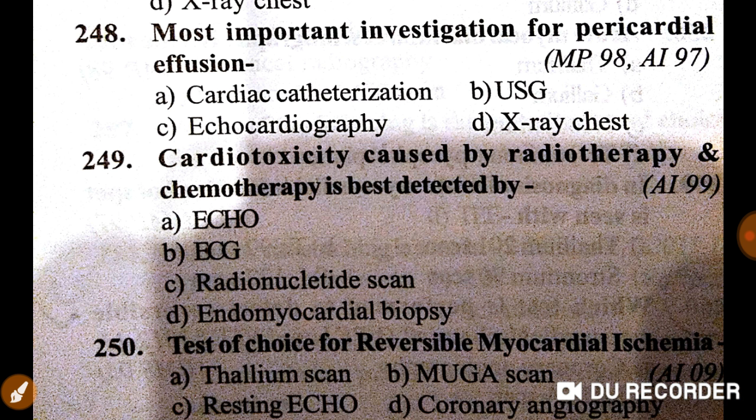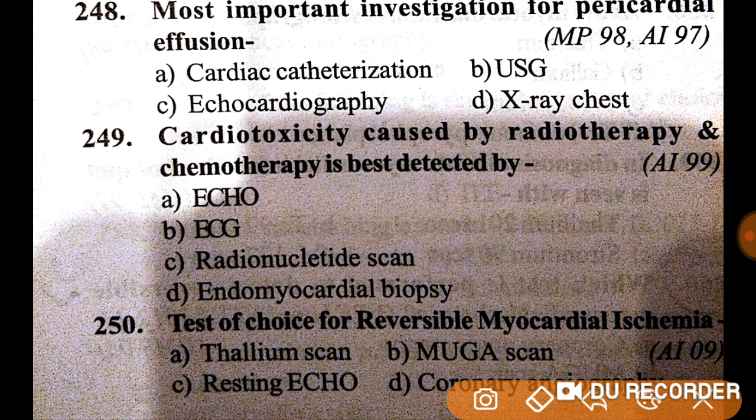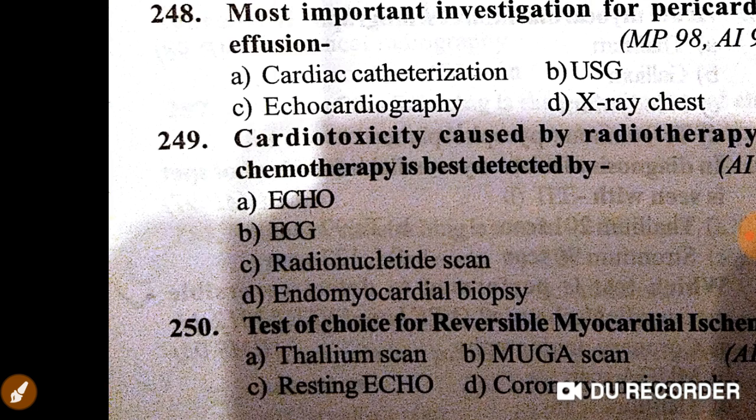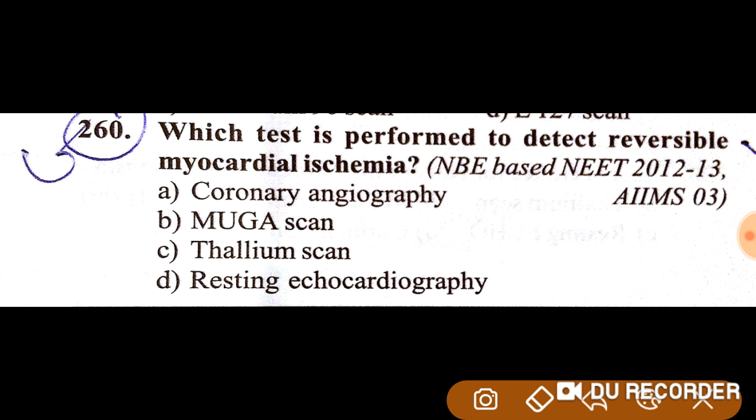Okay. Now, test of choice for reversible myocardial ischemia, that is thallium scan. So the answer here is thallium scan. Now, which test is performed to detect reversible myocardial ischemia? That is thallium scan, option C.